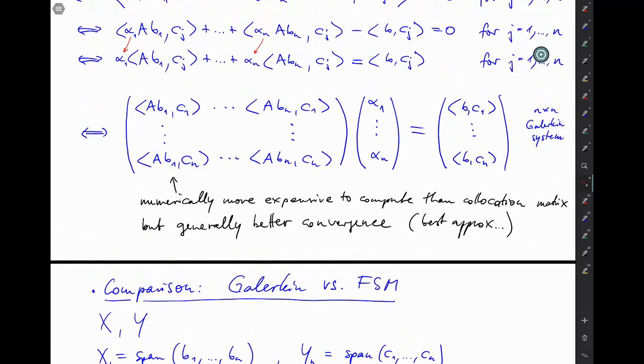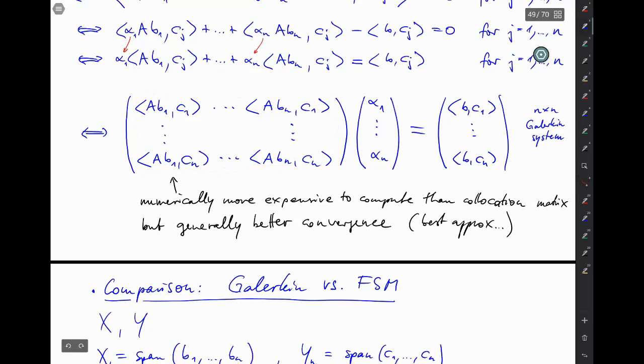Right, you have the same scalar products here, same scalar products here. The only difference is that this is n by n and the other one was an infinite system. In fact, if you look closely, then this is the n by n top corner of the other system.